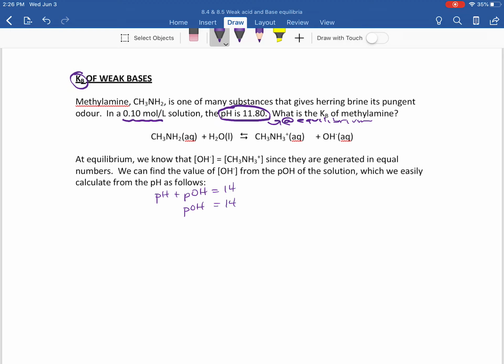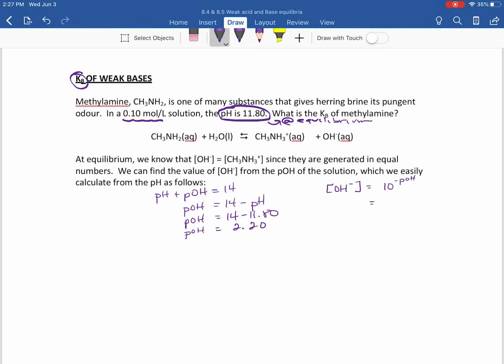So 14 minus pH: my pOH is 14 minus 11.80, which equals 2.20. Good. So now that I know my pOH, my OH concentration, and we did an equation like this for Ka last lesson, is 10 to the power negative pOH.